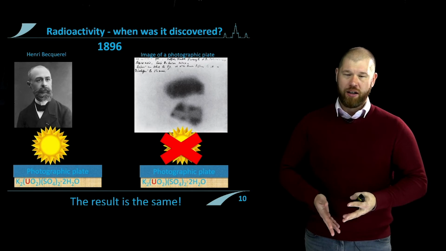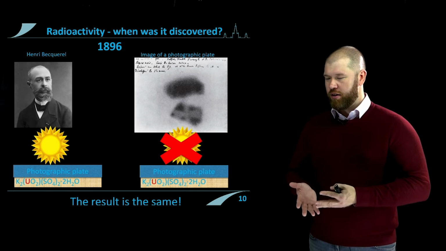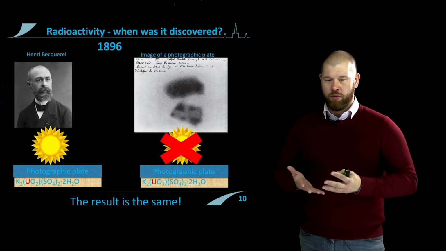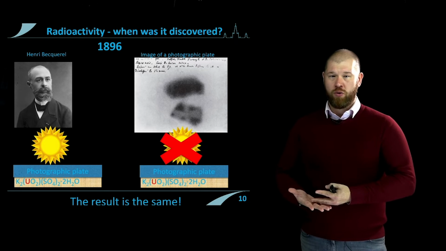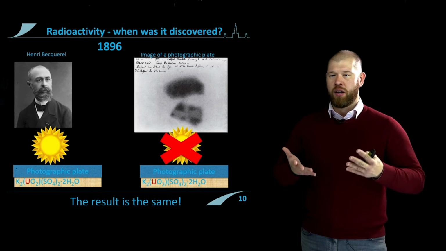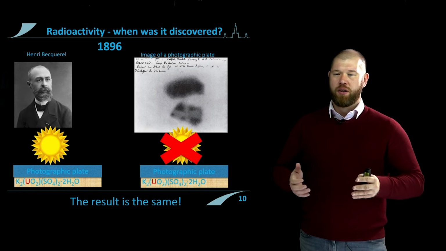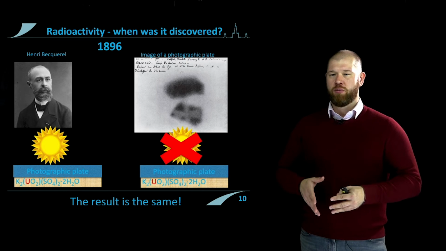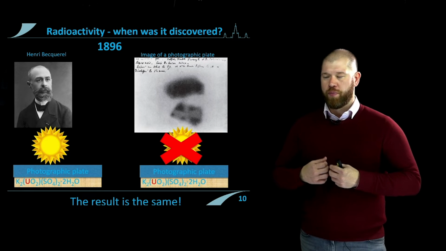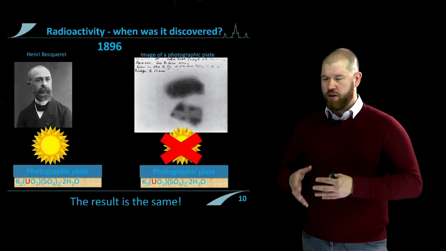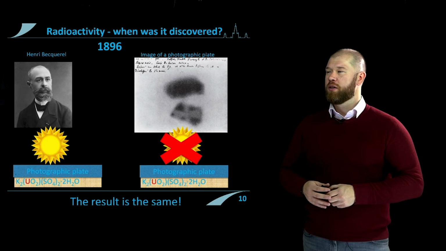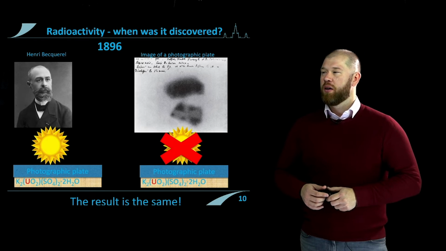Thus, Henri Becquerel suggested that it is an internal property of uranium to emit these unknown rays. We don't need any other effect on uranium salts for uranium to start emitting these rays.